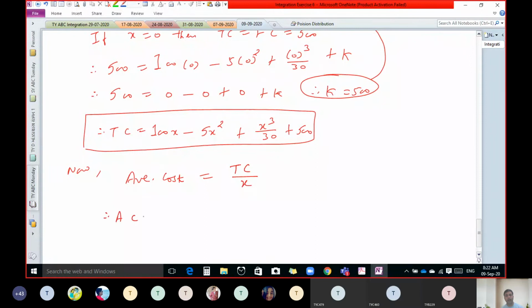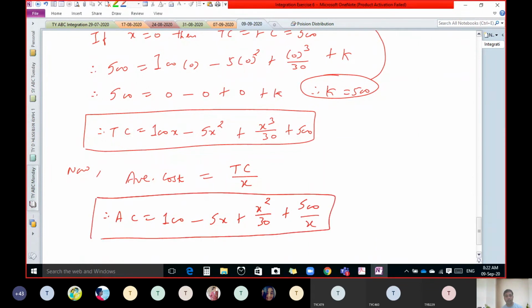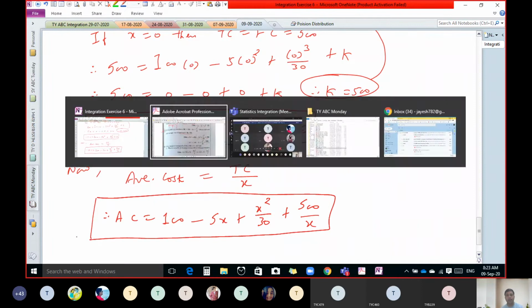So average cost, divide each term by X. So 100x upon X, that is 100. 5x square upon X, that is 5x. X cube upon X, that is X square, and 30 as it is. Plus 500 upon X. This is our average cost. That is the answer for the second part.